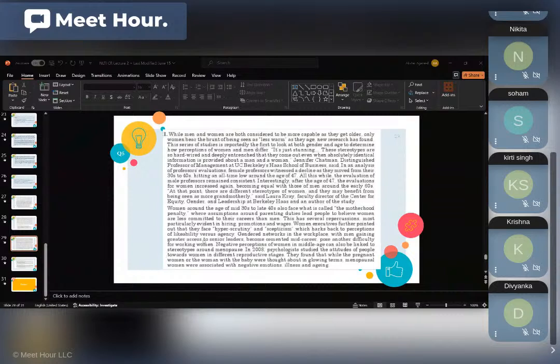Question number 5, I guess. Just drop a yes in the chat box if you can see the question. Yeah, great. Just go through the passage, and I'll show you the question as well.